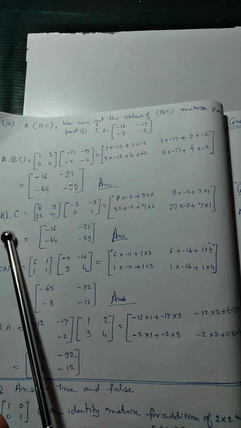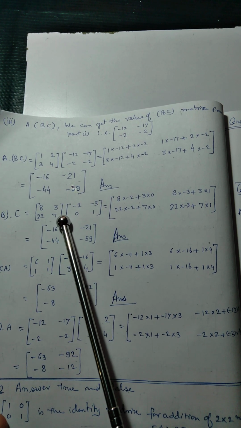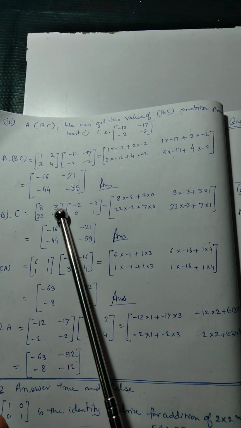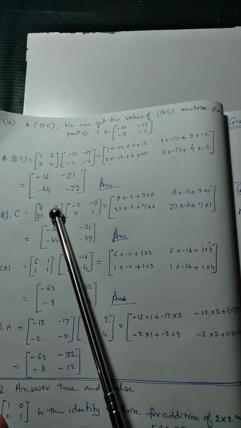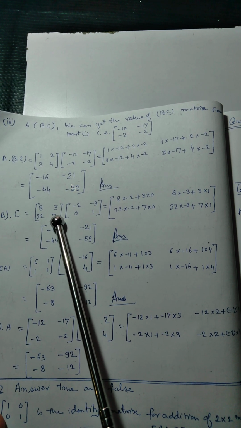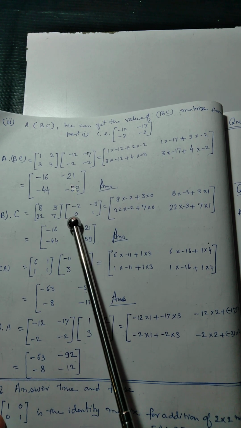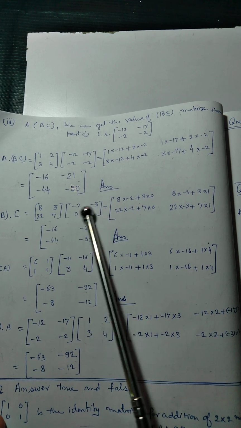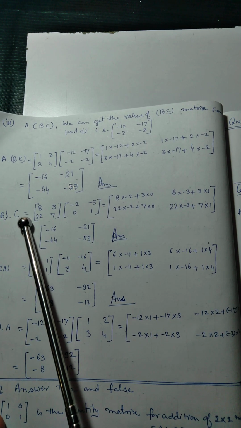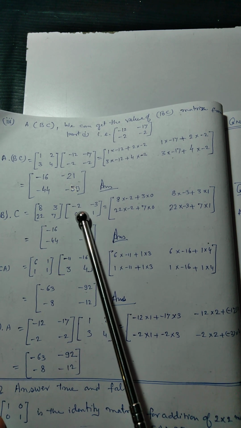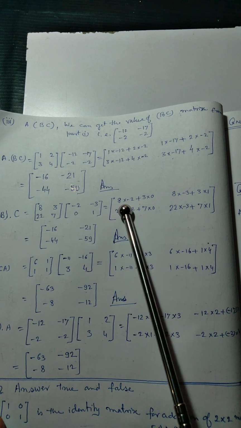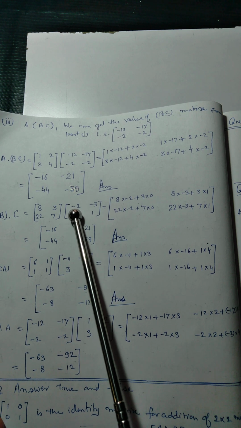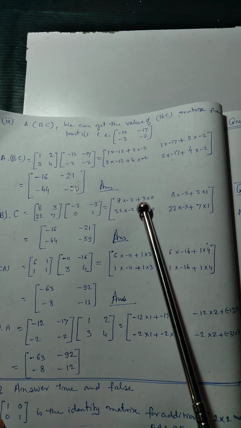Now here AB into C, that is 8, 3, 22, 7. The value of AB I have taken from the first part of this question, that is 8, 3, 22, 7. And substitute the value of matrix C here. Now start multiplying it because AB into C. So 8 will be multiplied to minus 2, 8 into minus 2 plus 3 into 0.